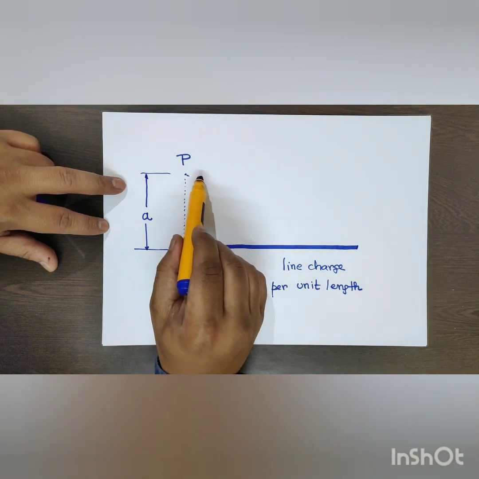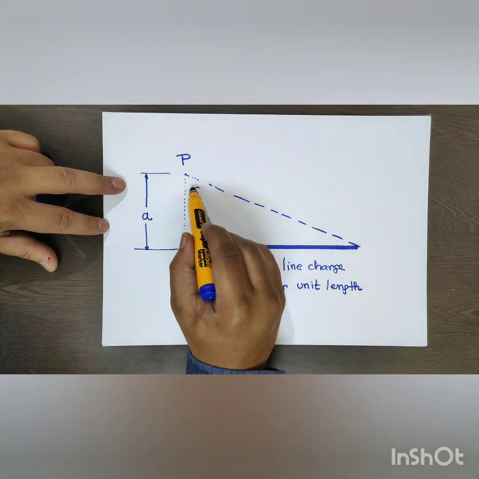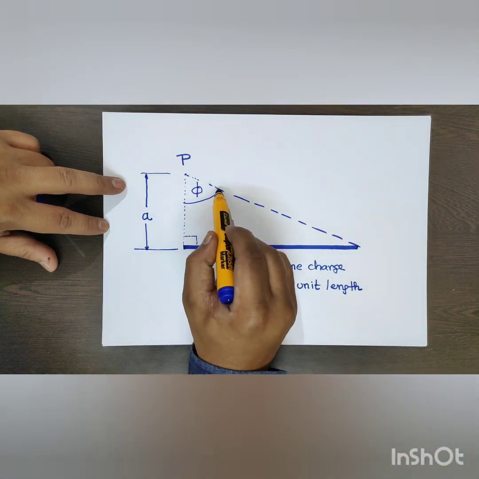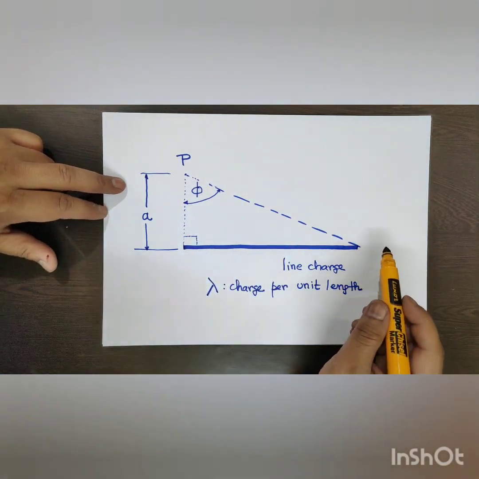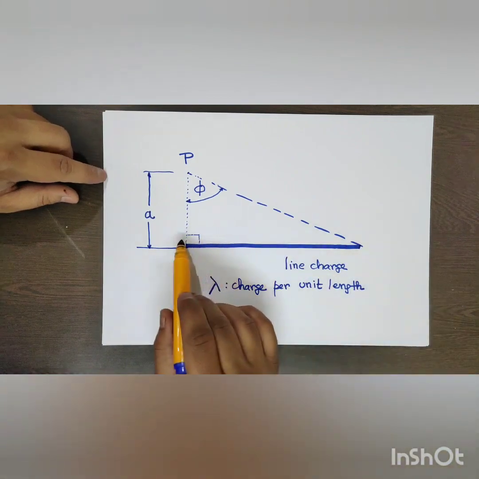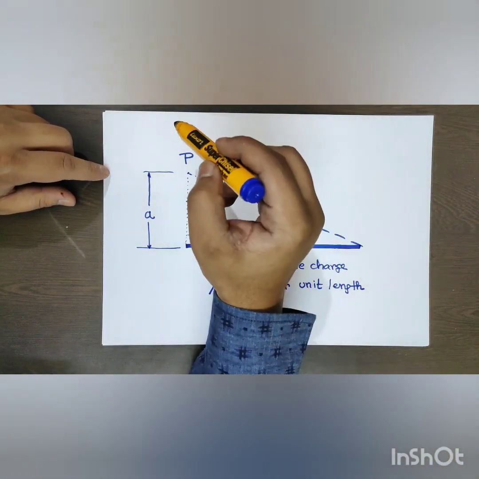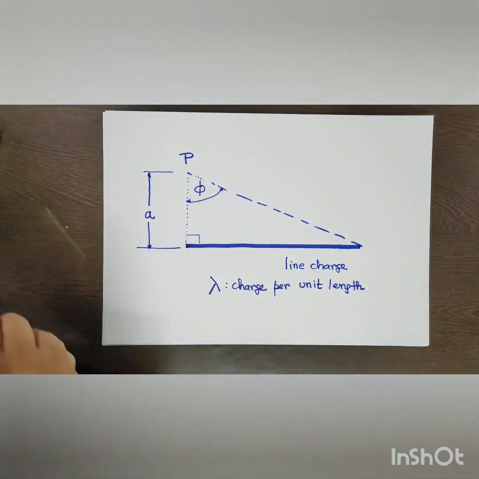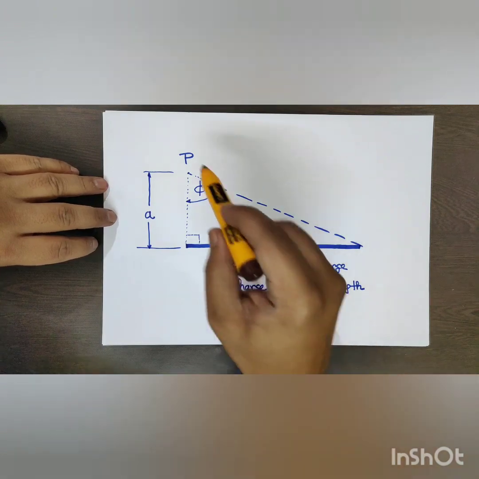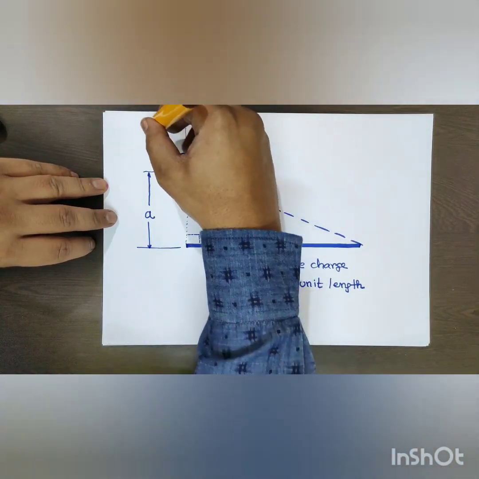And this angle subtended is given as phi. Okay. So to calculate the field at point P due to this line charge, the resultant field will be somewhere down here, right? See, this is the charge, so the net field will be somewhere along this.